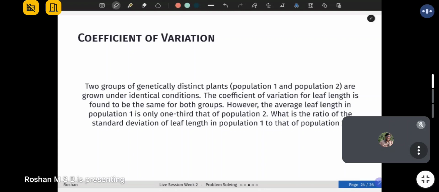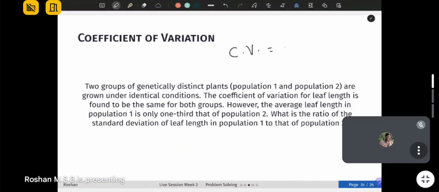The average leaf length in population 1 is 1/3 of that of population 2. If the average is like this, what will be the ratio of standard deviation in population 1 to that of population 2?